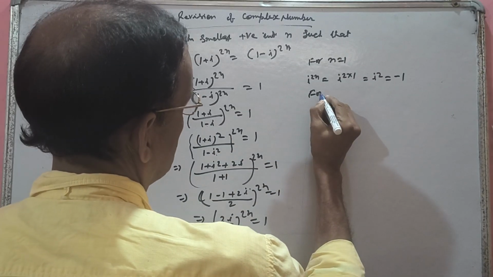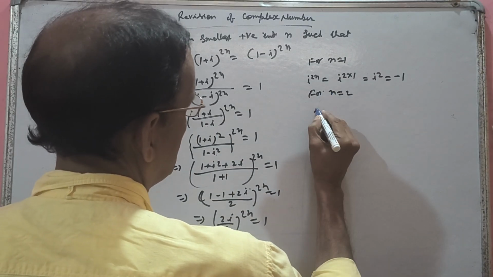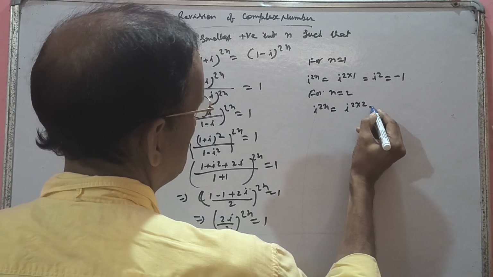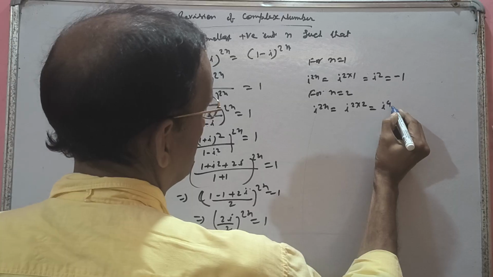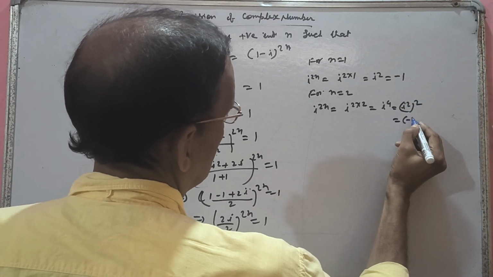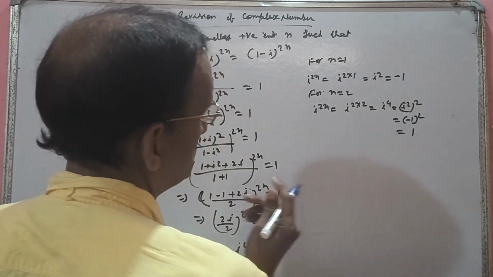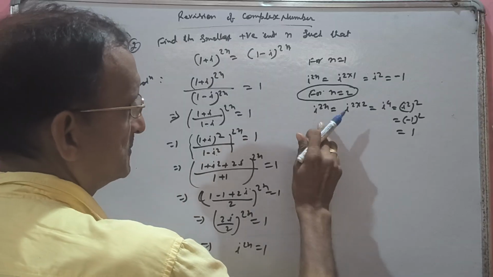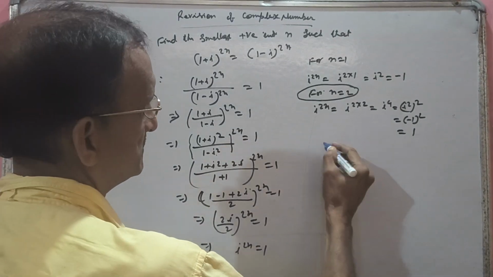Then for n equal to 2, i to the power 2n equals i to the power 2 into 2, equal to i to the power 4, equal to (i square) whole square, (minus 1) whole square. Now if we take n equal to 2, then we get this equal to 1.